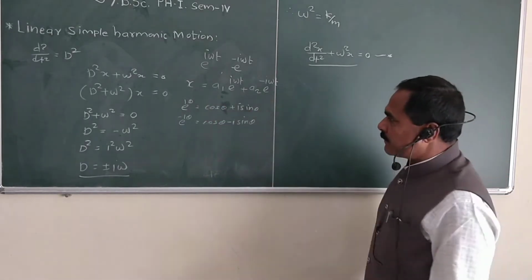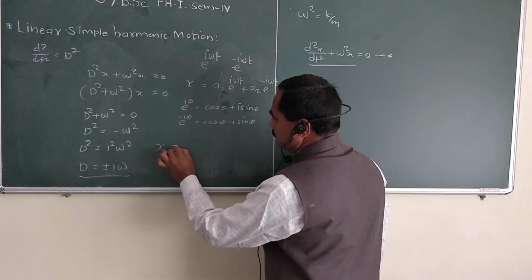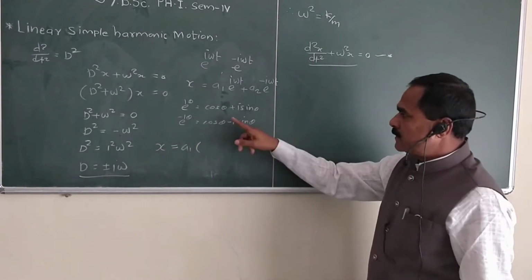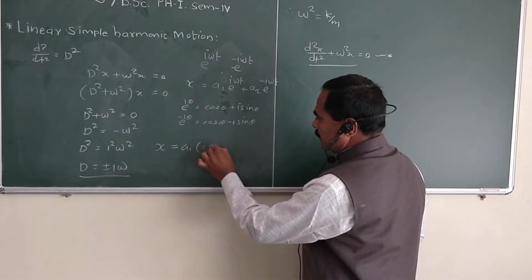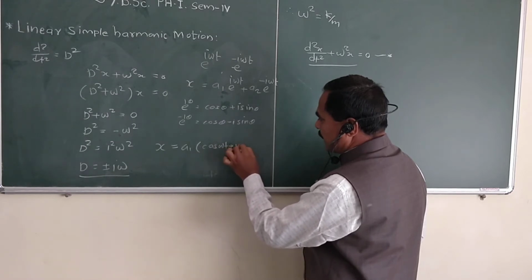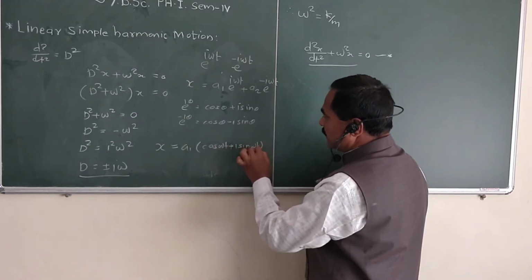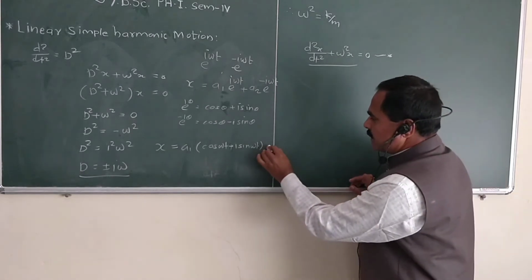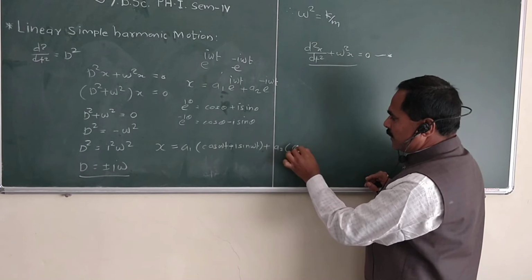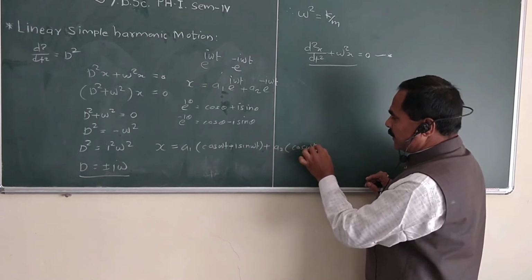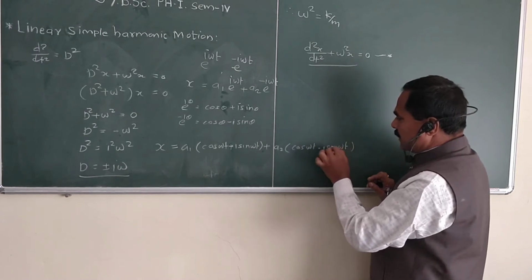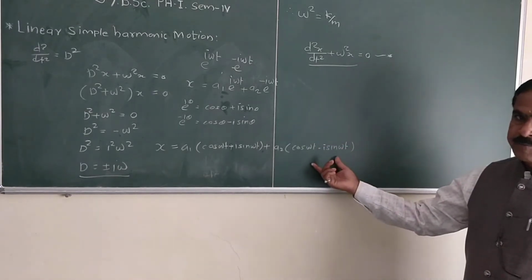So write here this equation as x equal to a1 in bracket, cos omega t plus i sin omega t, right? Plus next, a2 in bracket, cos omega t minus i sin omega t, like this.